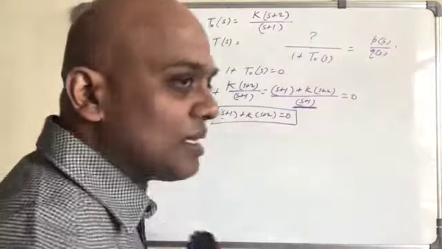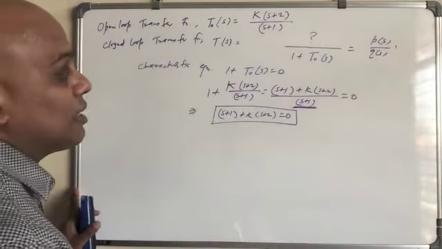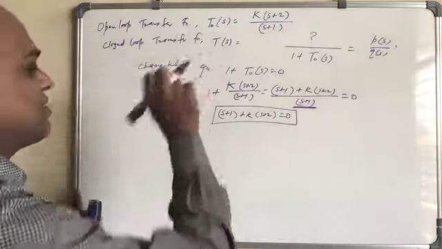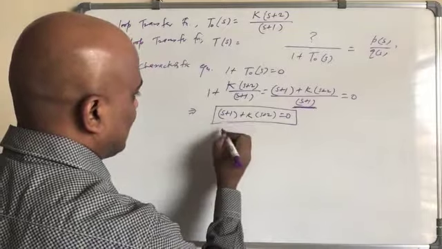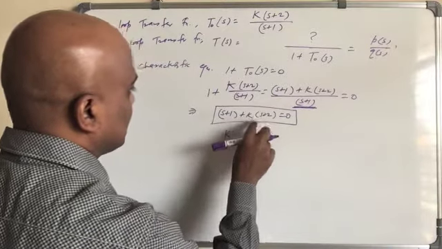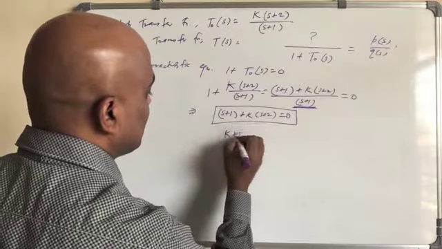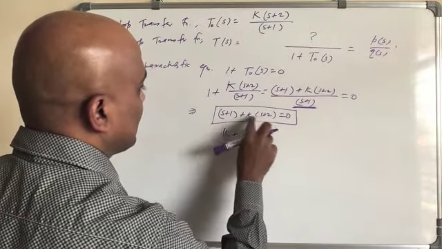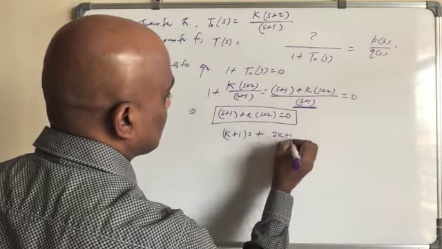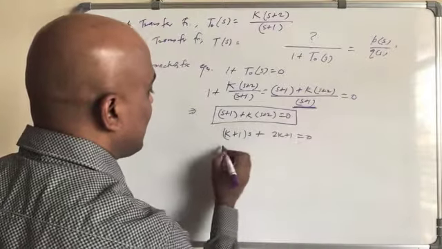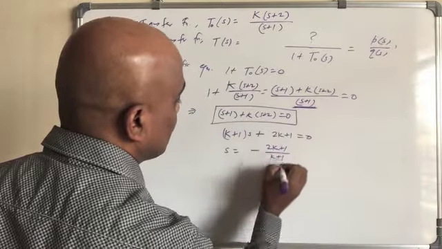Because it will give us an idea of how the poles of the closed loop transfer function change. So we can write it here: we have (K plus 1) times s plus (2K plus 1) equal to 0, and hence s equal to minus (2K plus 1) divided by (K plus 1).